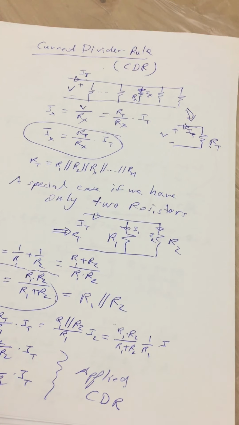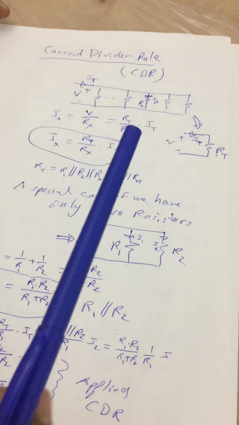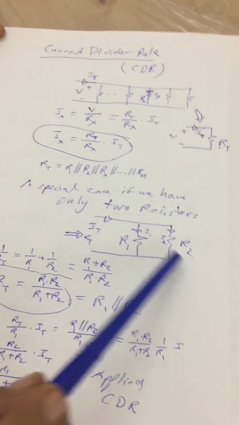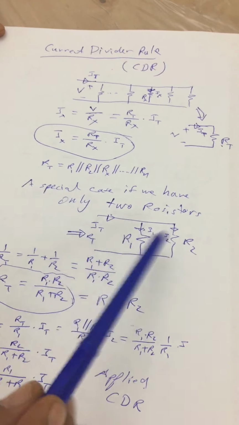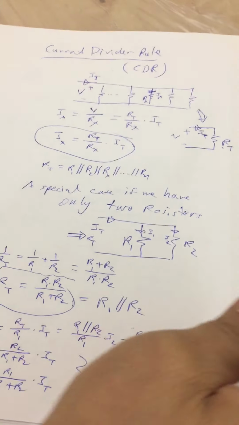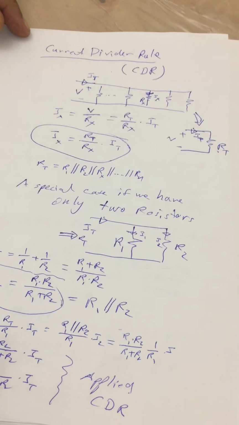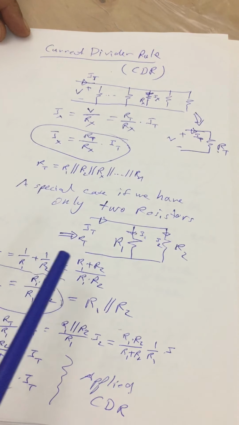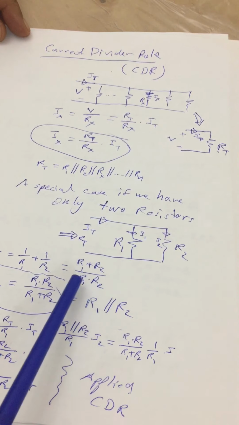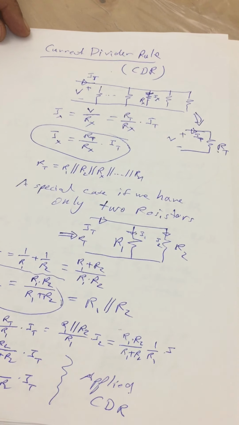And if we apply this as a special case to two resistors, R1 and R2, we can consider this an easy way of finding R total of R1 and R2. So 1 over R total equals 1 over R1 plus 1 over R2, which means that it is R1 plus R2 divided by R1 R2.